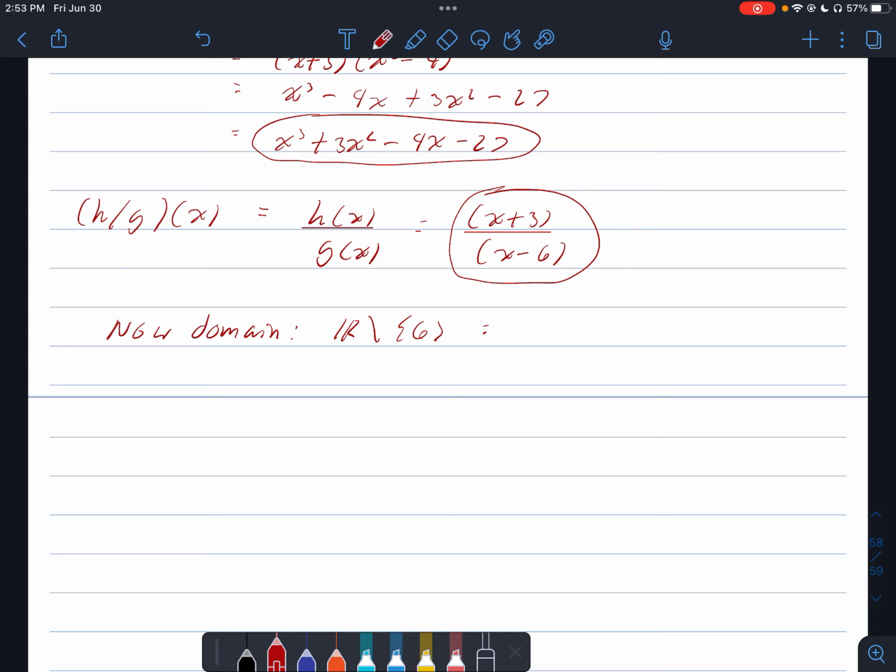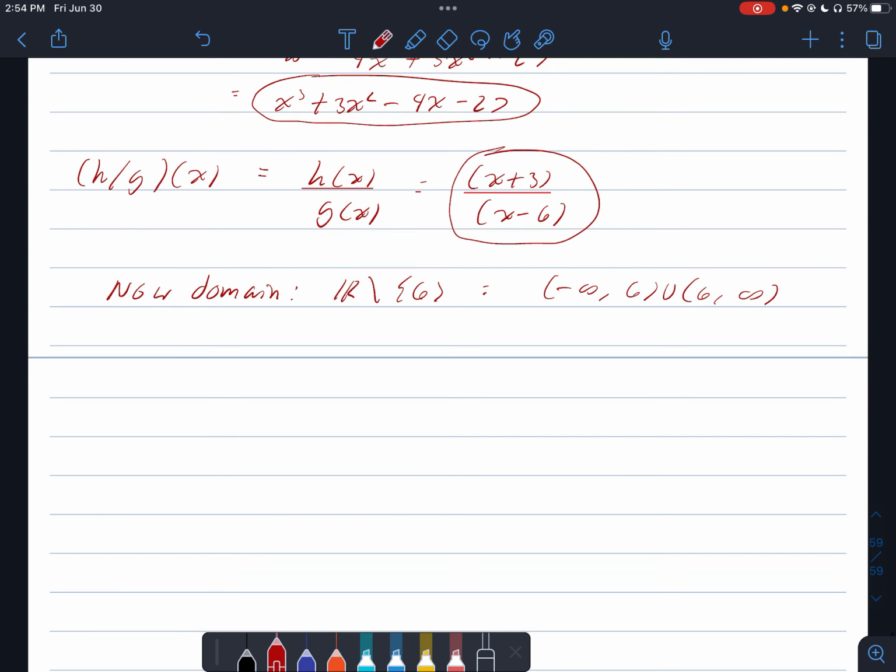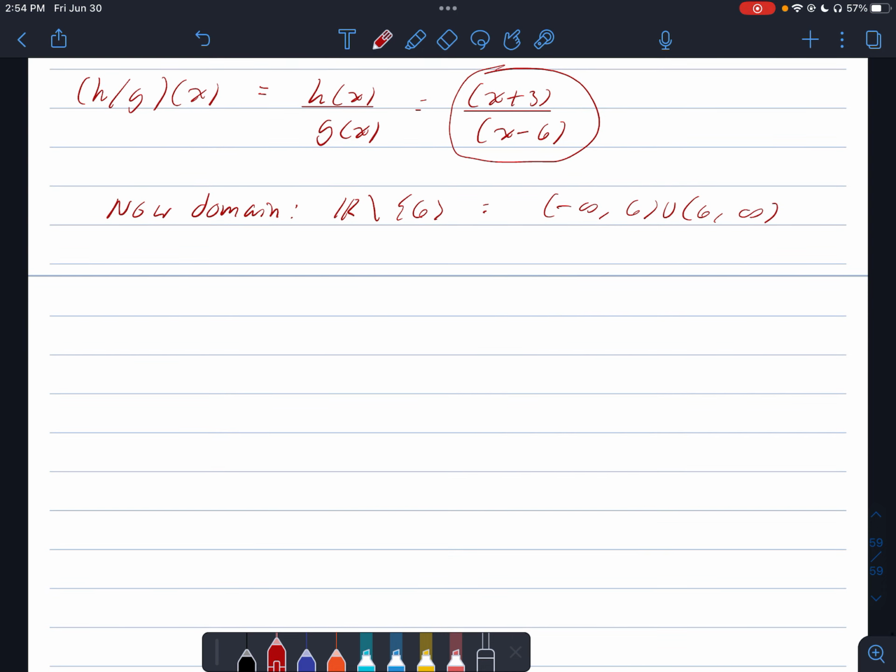Or we can write this as negative infinity to 6 union 6 to infinity, where we don't include the 6. Either of these is fine, but if you're doing the quotient of two functions, you should always write the new domain if it's going to apply.